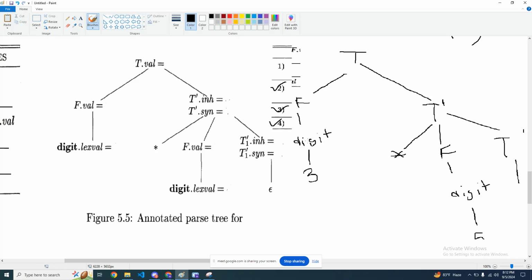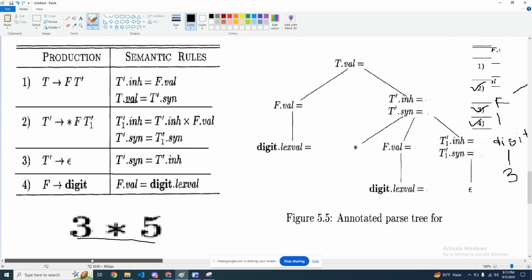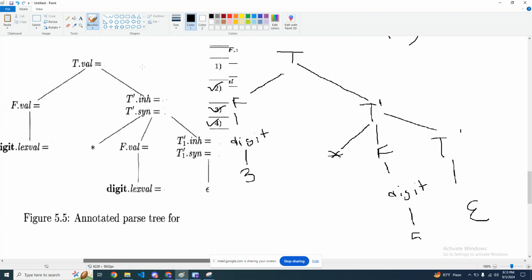Now for this t prime, if you look closely, this t prime has two attributes. One is an inherited attribute, one is a synthesized attribute. So for this t prime, you need to write it two times. One for inherited, one for synthesized.